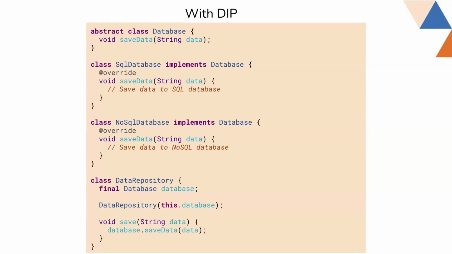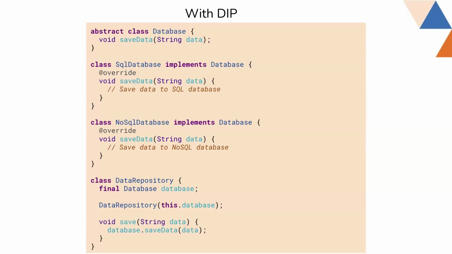And that's how basically we are using dependency inversion also. We are not depending on any specific method or specific class. We just depend on what we need. If you see at the bottom, we are making an abstraction here. The data repository does not even know which database we are using.